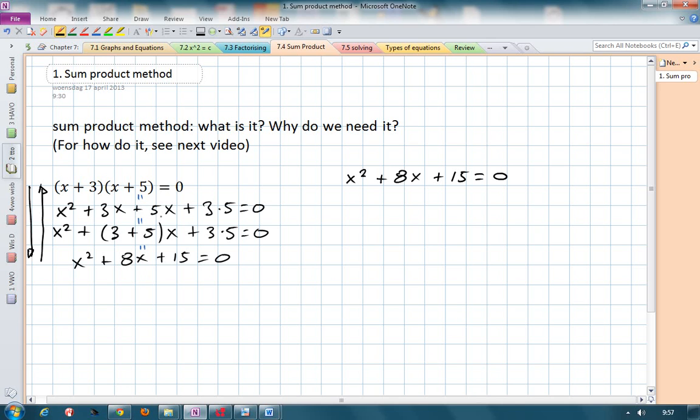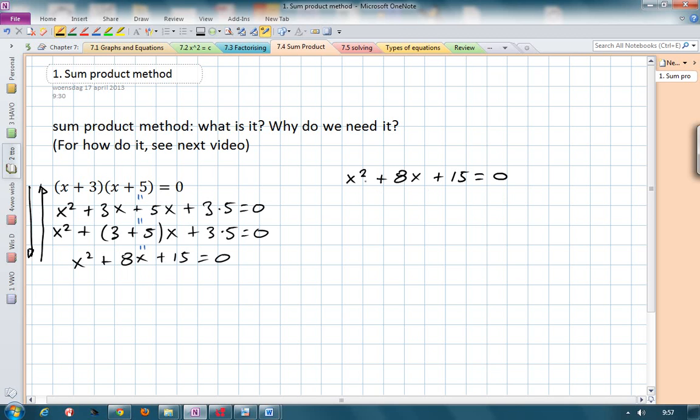Now, what we want to do, this undoing of multiplying out the brackets, is called the sum product method. And so what I'm doing in this video is explaining what the sum product method is and why we need it, but not quite yet exactly how you do it. But let's at least do one here.